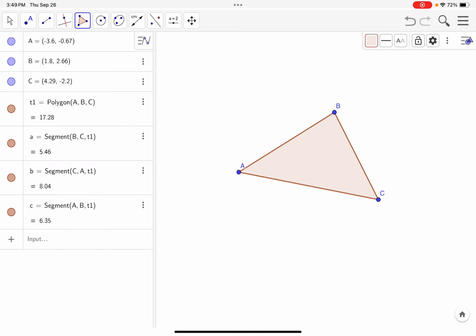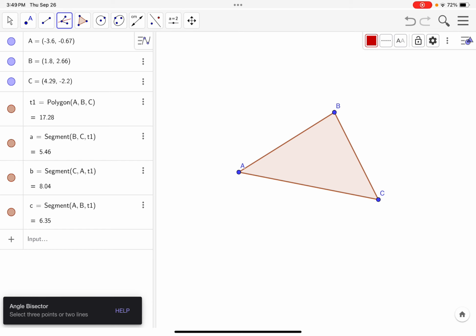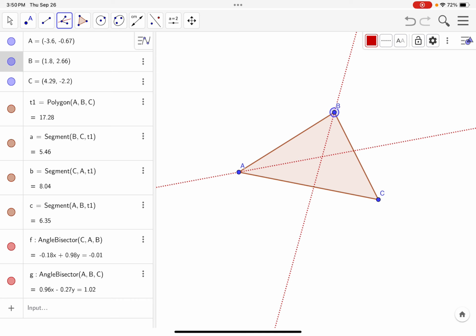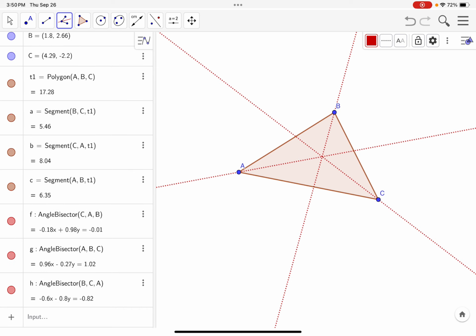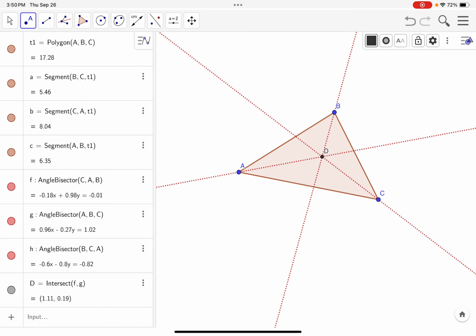Let's start with the angle bisectors next. So I'll do the angle bisector of angle A, of angle B, and angle C. And voila, the three of them do seem to agree.